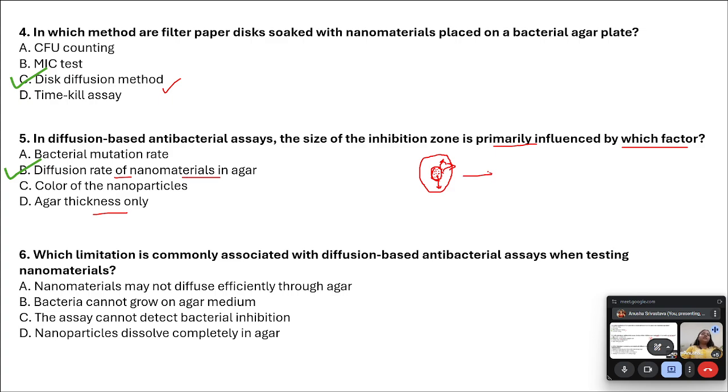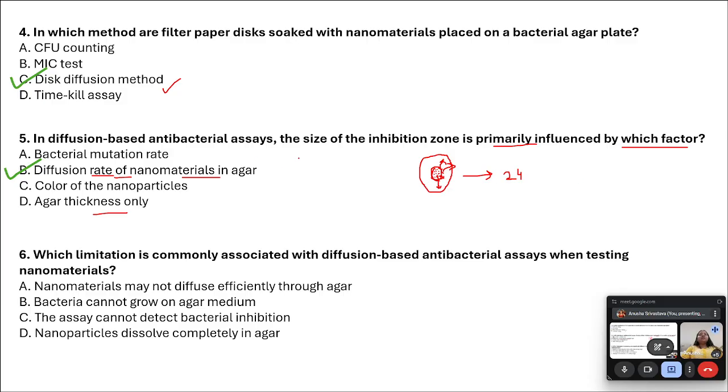Suppose you keep the plate for 24 hours in the incubator for the bacteria to proliferate, but the diffusion rate of nanomaterials in the agar plate is extremely slow. Suppose in 24 hours it just travels this much distance. Obviously your inhibition zone would be very small because it has traveled only this distance.